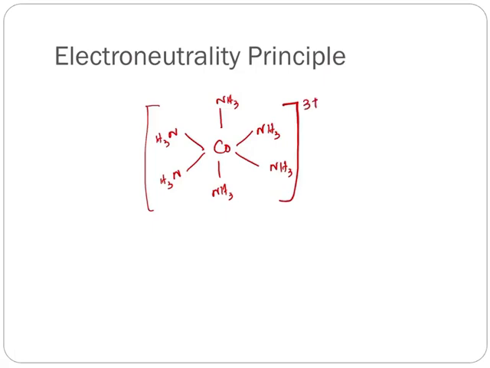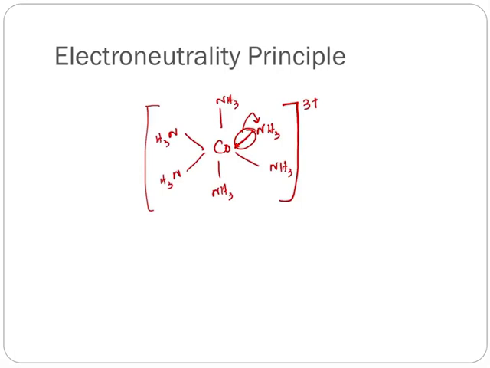What does the electroneutrality principle say? After donating the electron to the central metal atom, this bond pair should be attracted towards the more electronegative atom.